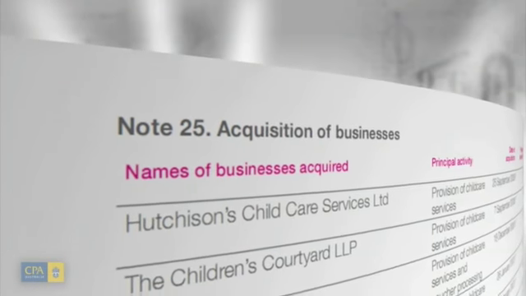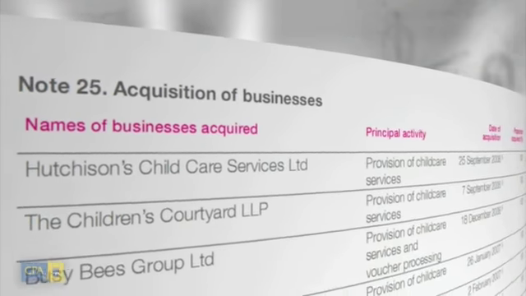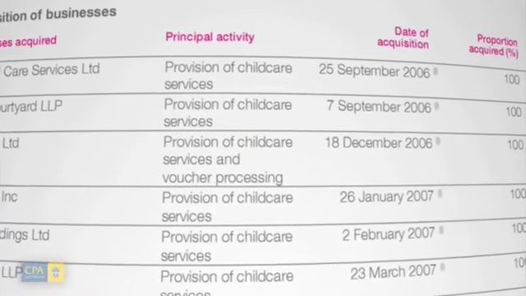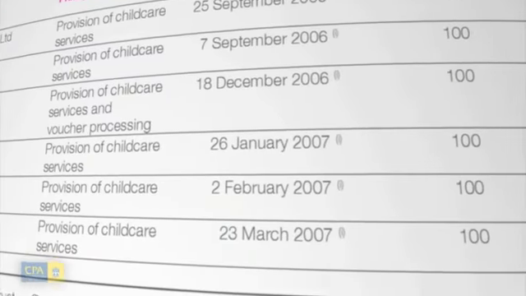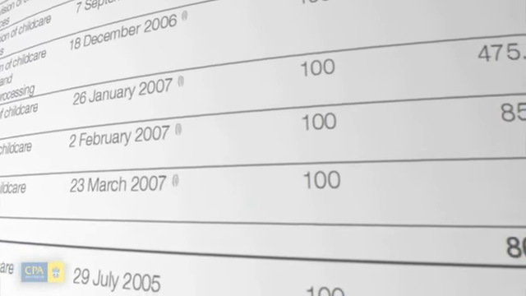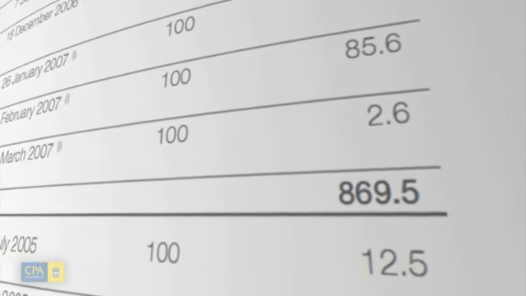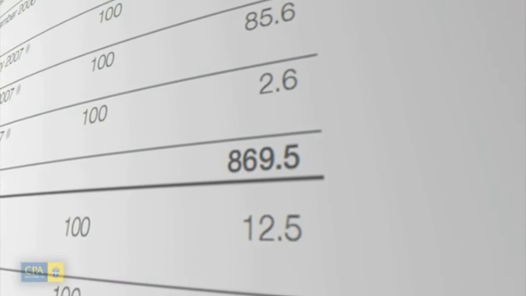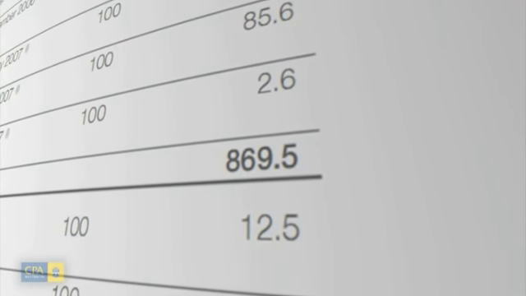2007 was a watershed year for the business. ABC Learning paid just under $870 million for the childcare centres it bought in 2007. This figure includes almost $700 million for the childcare centre licences attached to these childcare centres.